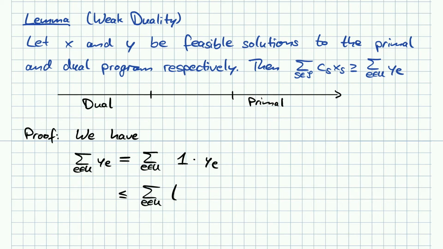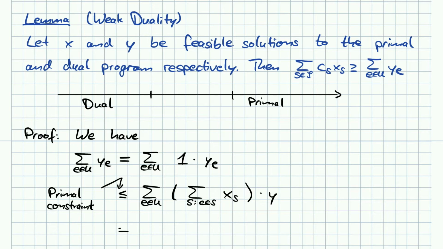Okay, good. Now how big is 1? Because we can now use the primal constraint for element e, we'll have that the sum of the x's for the s's which contain e is at least 1. So this here is coming from the primal constraint. Good.